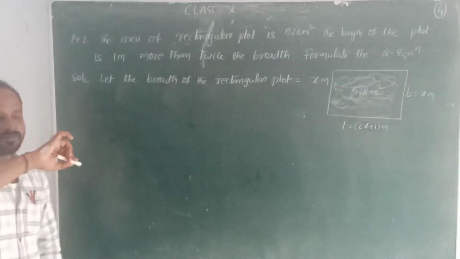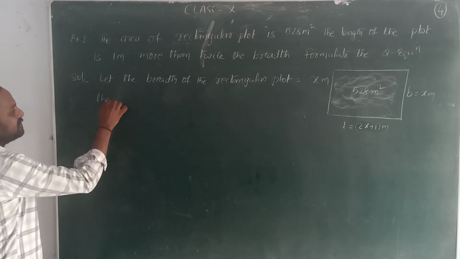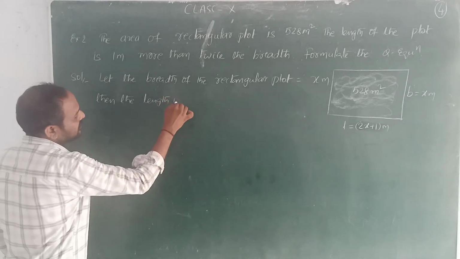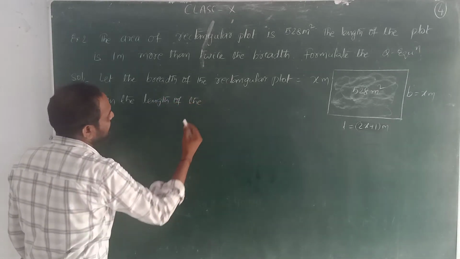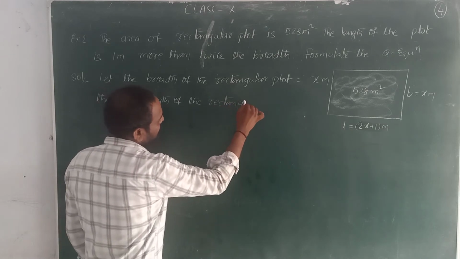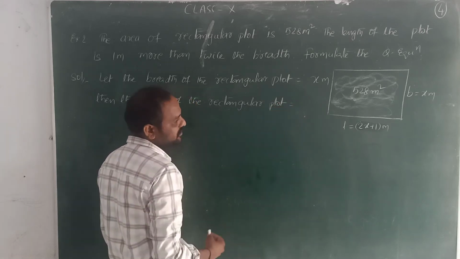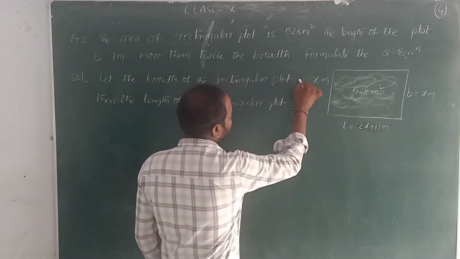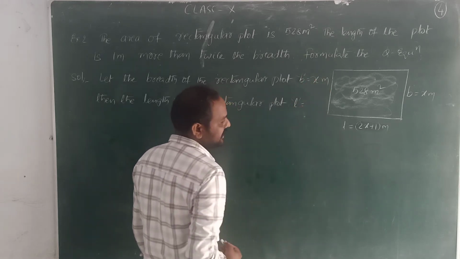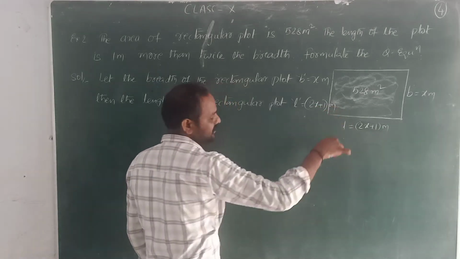Then the length of the rectangular plot is, breadth b is equal to x and length L is equal to 2x plus 1 meter.